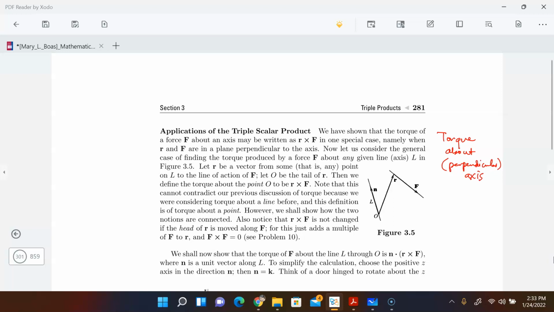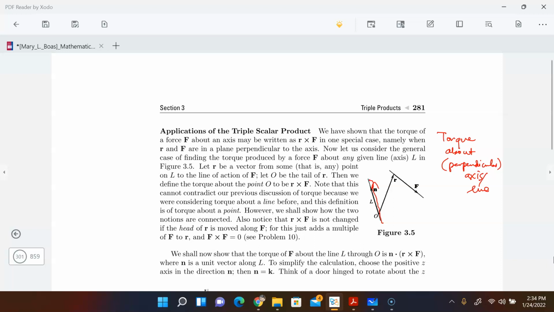This is about a line. As you can see, this is not quite perpendicular. If it's perpendicular, then it has to be perpendicular to R, but it's slanting in this manner. So one could again find the expression for that.